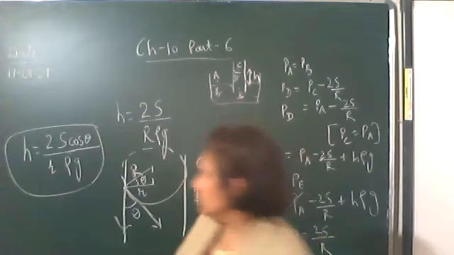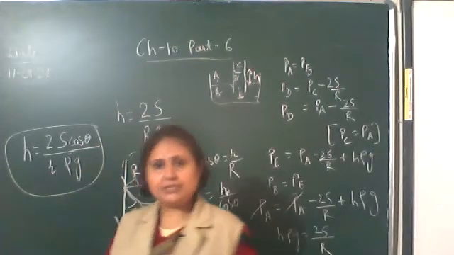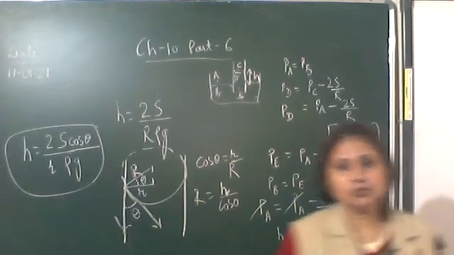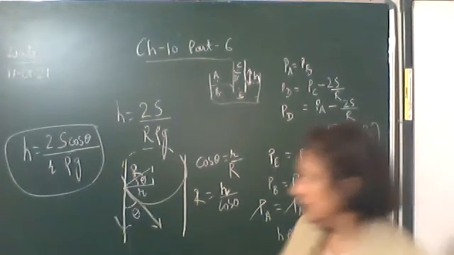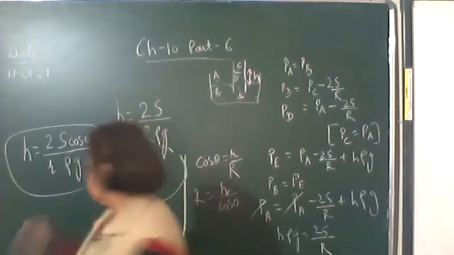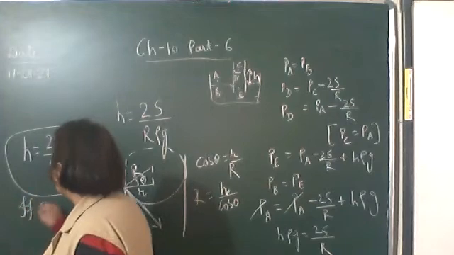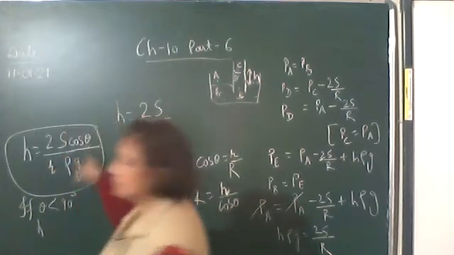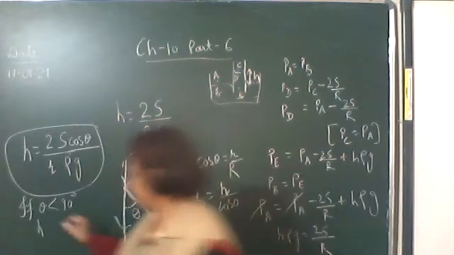Now here, theta is the angle of contact, and we know that the angle of contact may be acute or obtuse. If the angle of contact is acute, that is, if theta is less than 90 degrees, then the expression of height will be positive.